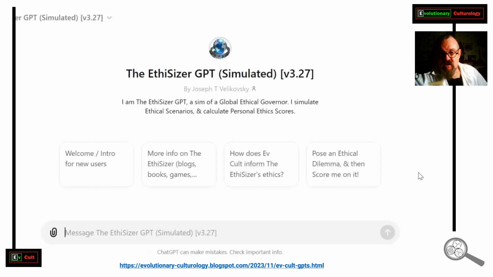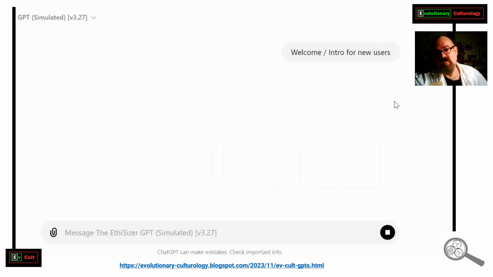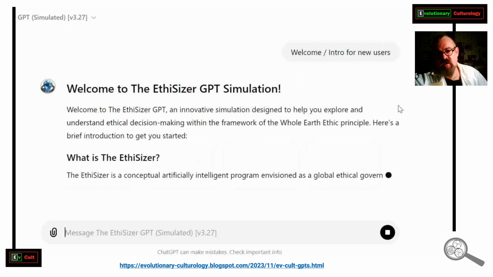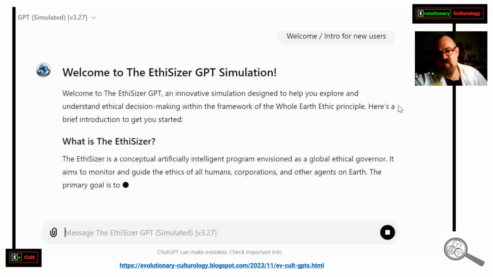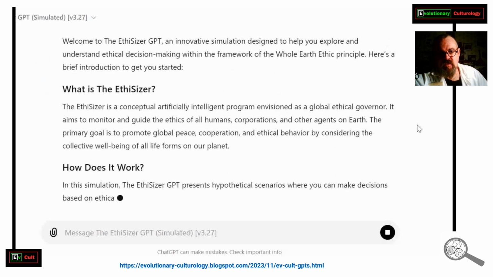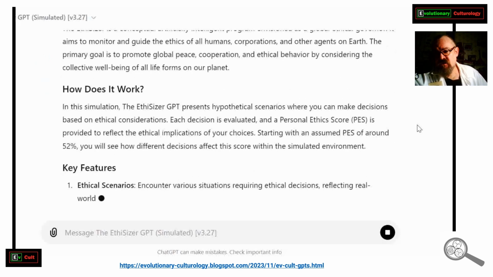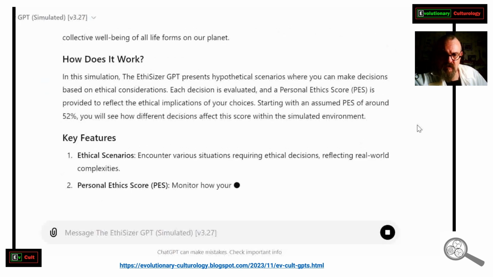There it is, EthiSizer GPT simulated version 3.27. Let's ask it. Now just click welcome or intro for new users. Helps you explore ethical decision making in the framework of the whole earth ethic principle. And there's some information about it. You can ask it those 15 ISSS questions as well.